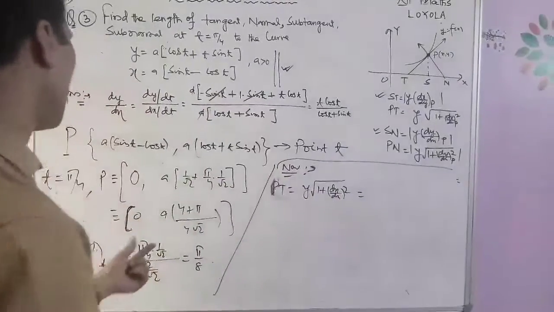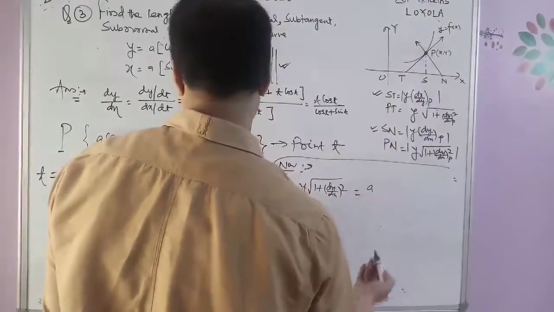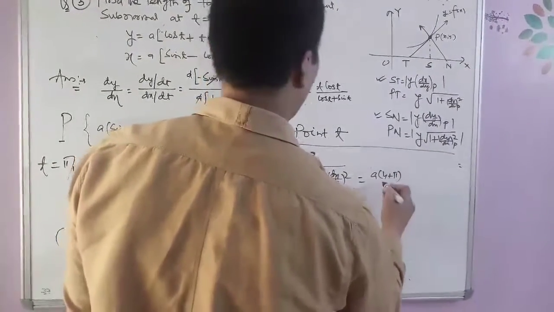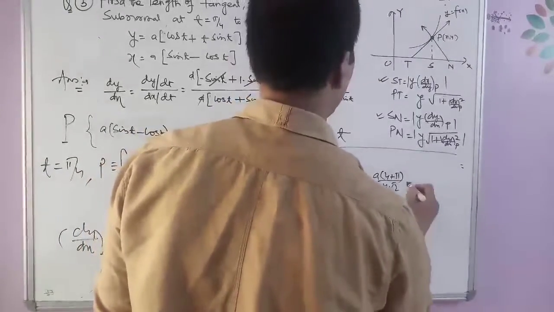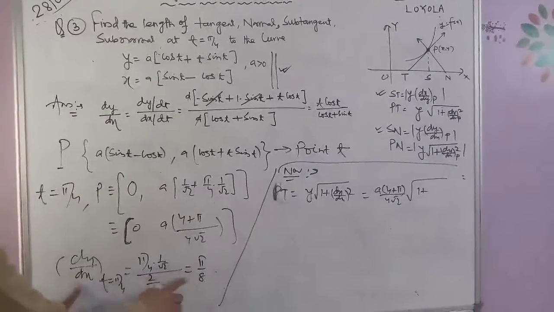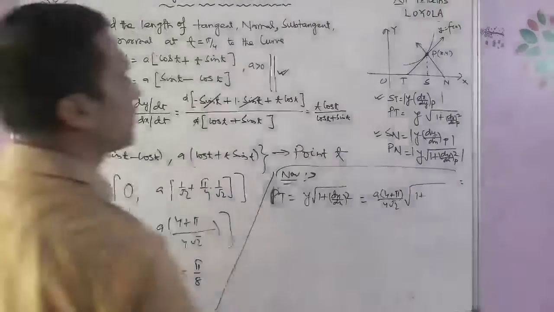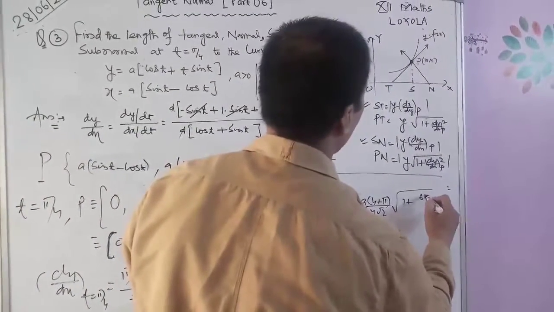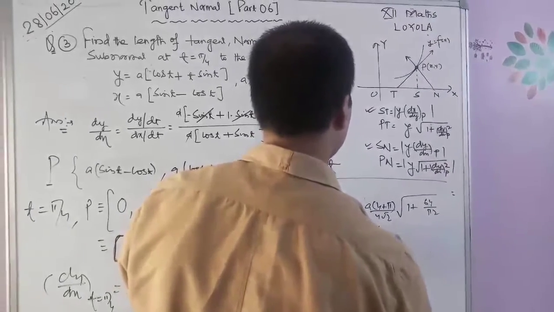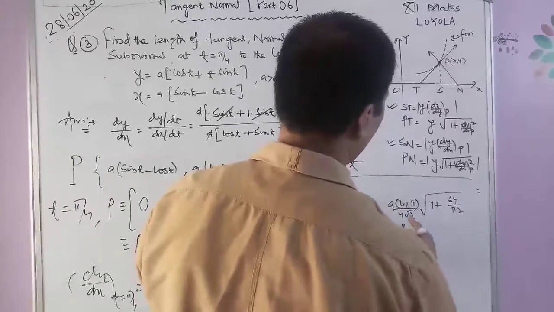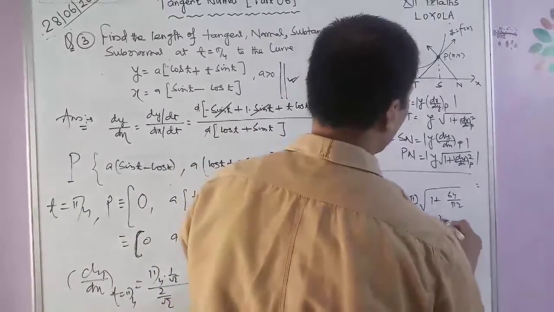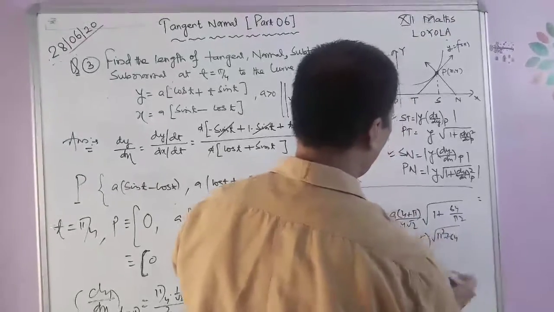Here y means the y coordinate, a(4 + pi)/(4 root 2), times the square root of 1 + (dx/dy at point pi/8) squared. So dx/dy is 8/pi, giving 1 + 64/pi^2, which is a(4 + pi)/(4 root 2) times the square root of (pi^2 + 64) over pi.